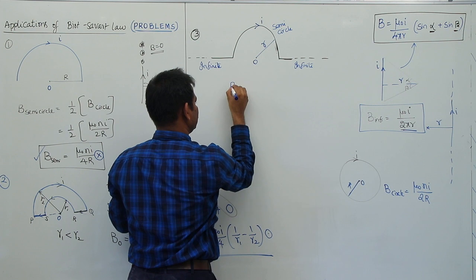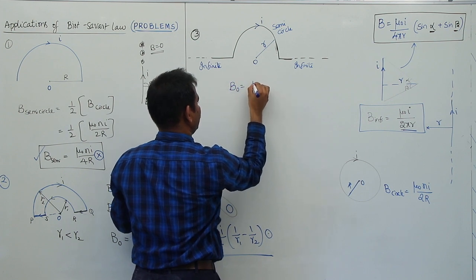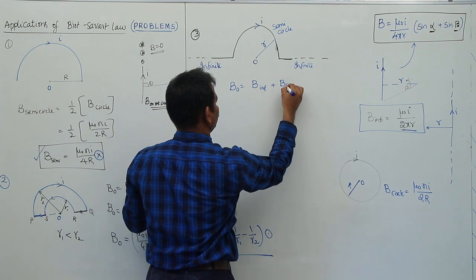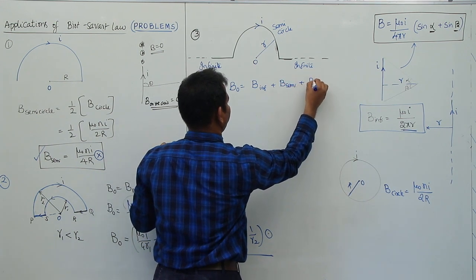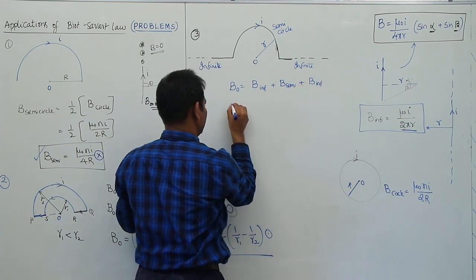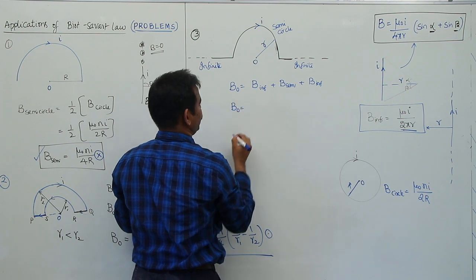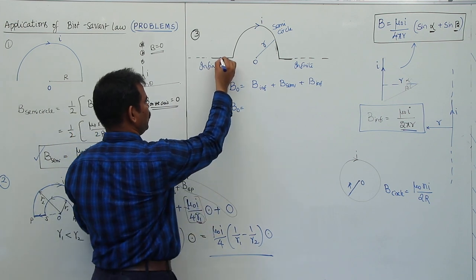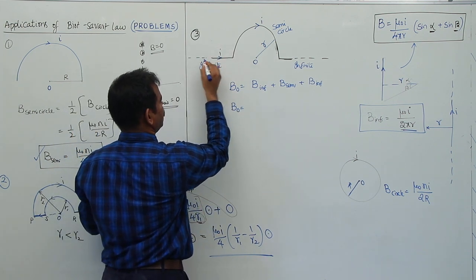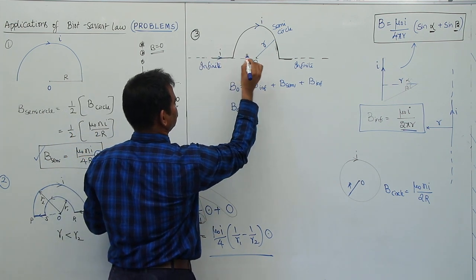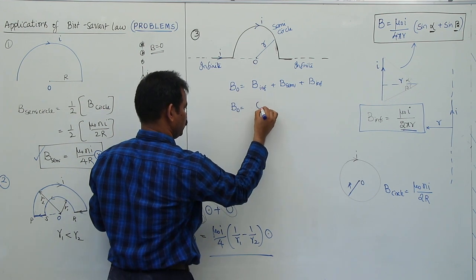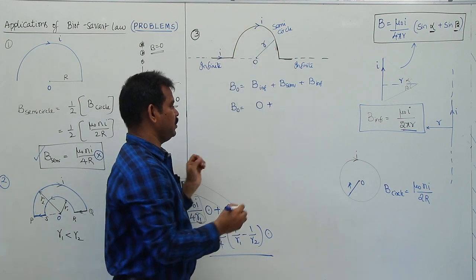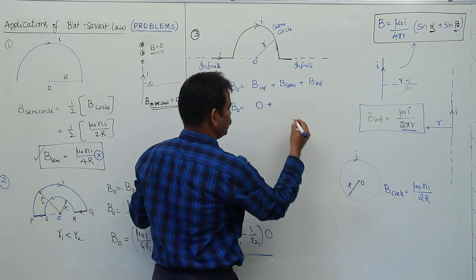So the magnetic field at center O is given by the magnetic field due to the infinite wire, the magnetic field due to the semicircle, and the magnetic field due to the infinite wire. So BO is given by, what is the magnetic field due to the infinite wire? You can see when the current is flowing like this, point O lies on the axis of this wire. So the magnetic field due to the infinite wire is 0, and the magnetic field due to the semicircular wire is half of this value.